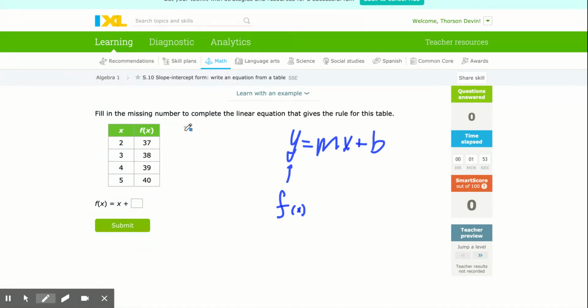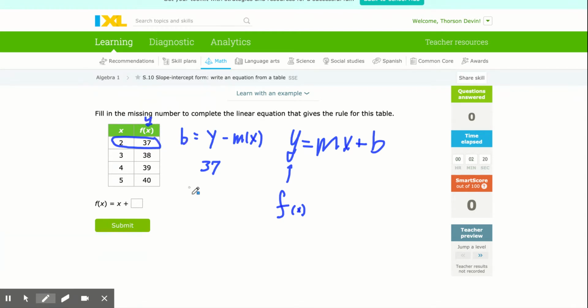And remember, the y-intercept, that b value, is equal to any y value minus the slope times its corresponding x value. So again, I just take the smallest point I have, take the y value, which is 37, and by the way, remember that f of x, this symbol here, that is y, that's considered y.